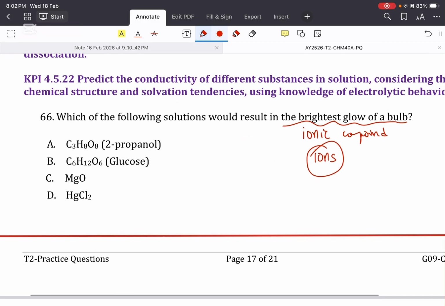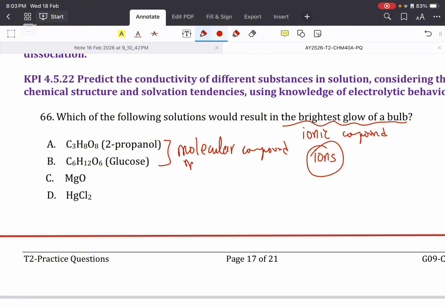So let's look at this case. Propanol and glucose are both molecular compounds made up of molecules, so the bulb cannot glow brightly.